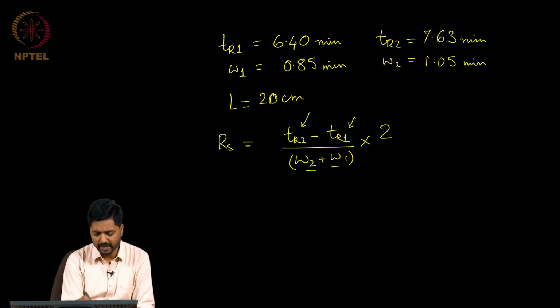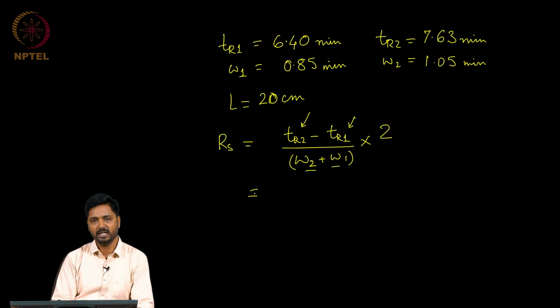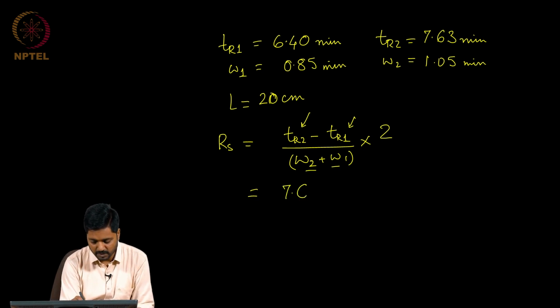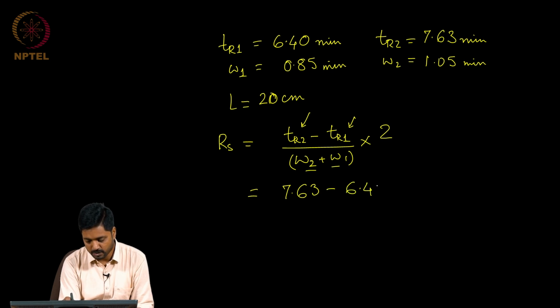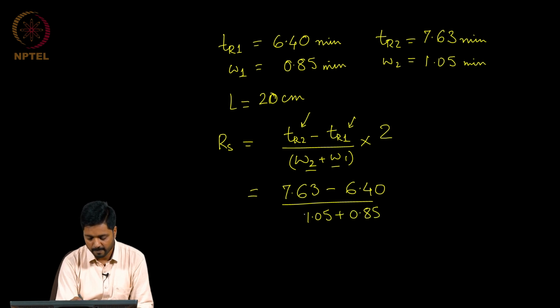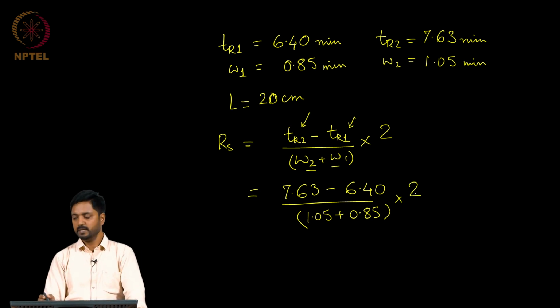So, let us go ahead and plug in the values in this equation. This comes out to be 7.63 minutes minus 6.40 minutes divided by the width at the baseline is 1.05, W1 is 0.85, and this whole is multiplied by 2.